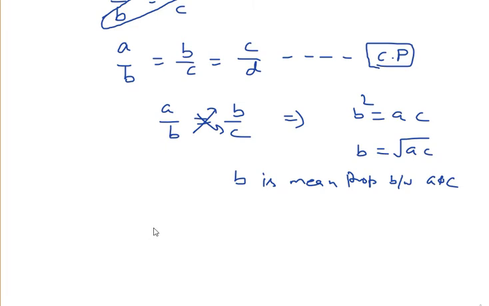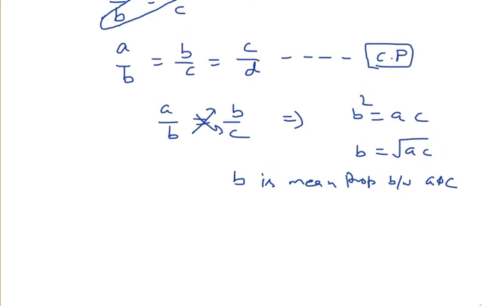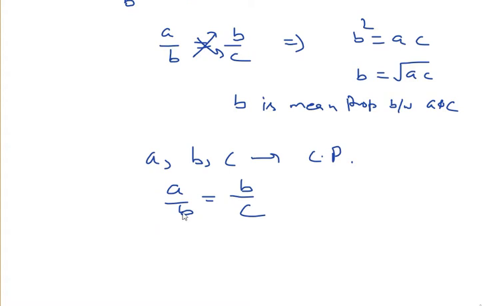One more thing I just want to discuss with you, if it is written in the question that A, B, C are in continued proportion, the meaning of this is A upon B is equal to B upon C. So please pay attention over here.